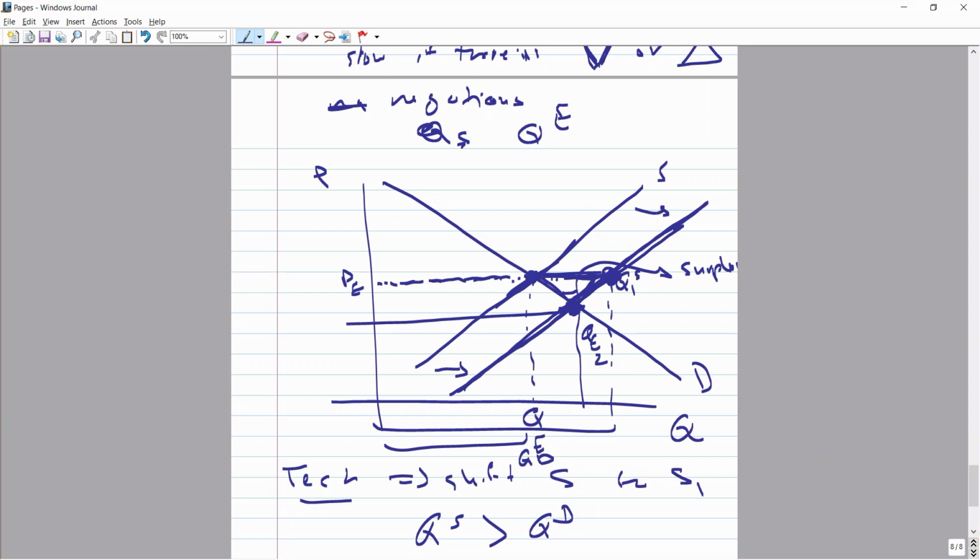This results in this triangle, which shows that the market is now at surplus, which means suppliers offered and supplied more of the product in the market, while at the same time they find that the demand is much less than what they supplied.